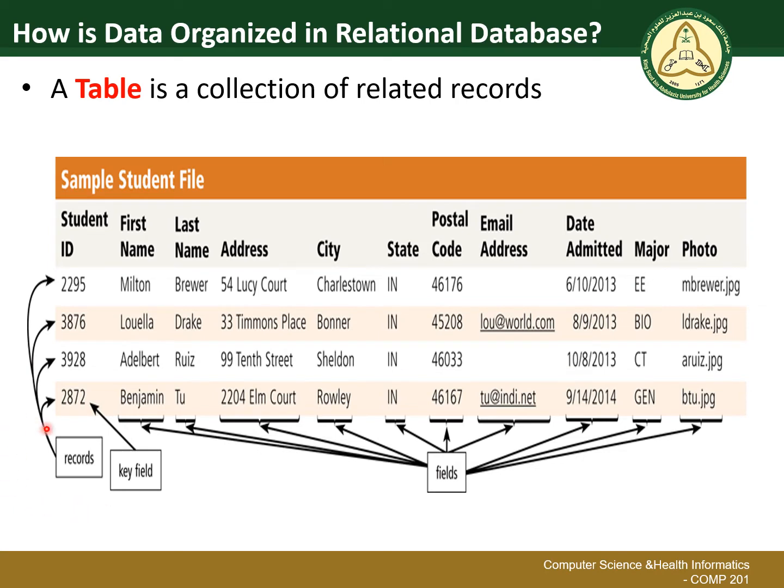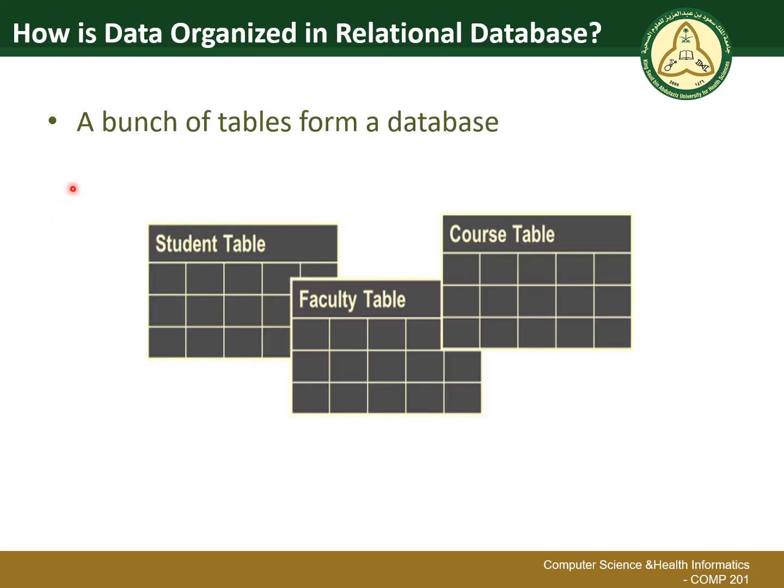The key field or the primary key will be the ID, the student ID, and we have multiple fields. And at the end, a bunch of tables will form a database. So the collection of related tables will make the database.